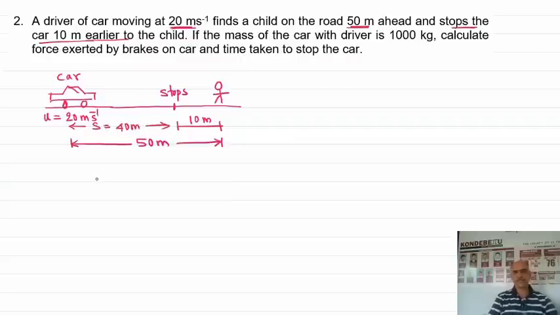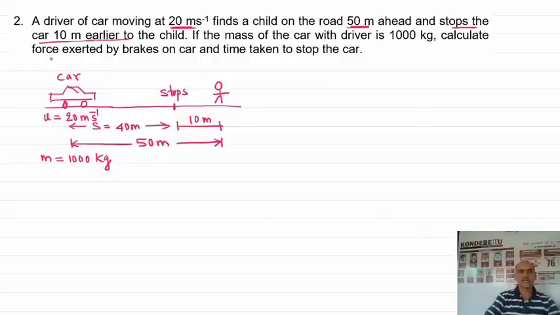Clear? He sees the child at 50 meters, applies the brake, and stops the car before the remaining 10 meters. Means he has traversed a distance of 40 meters. Mass of car with driver is 1000, m he has given 1000 kg.